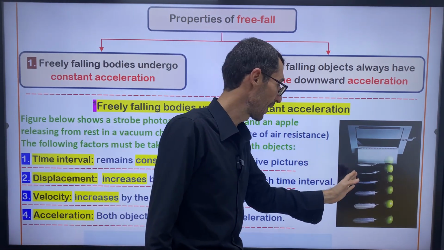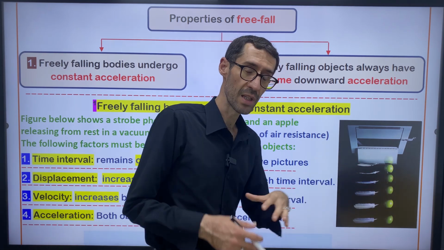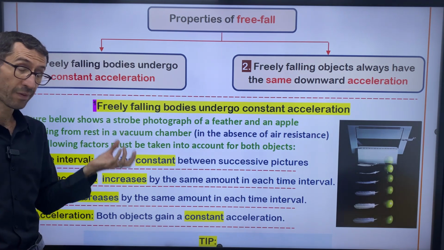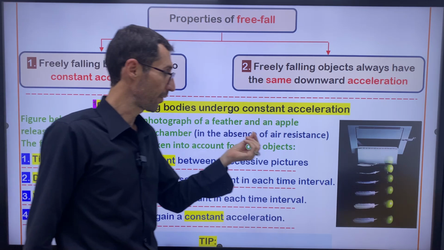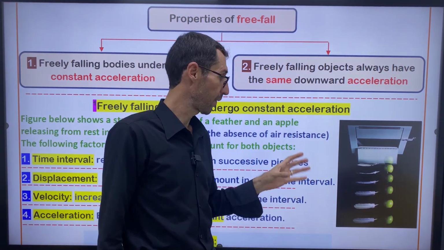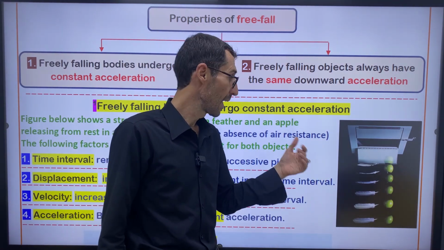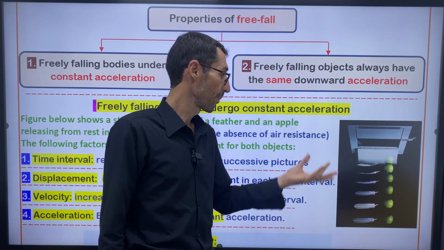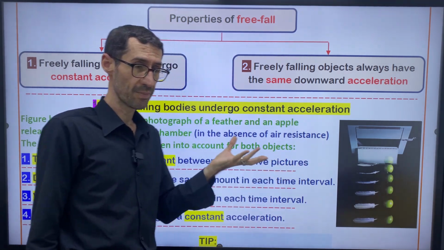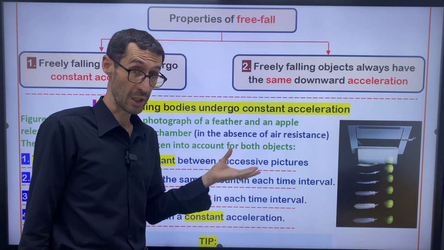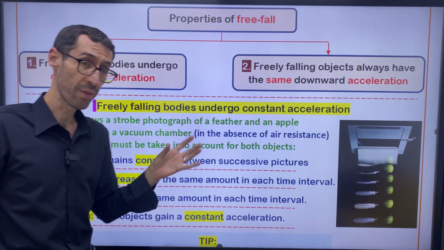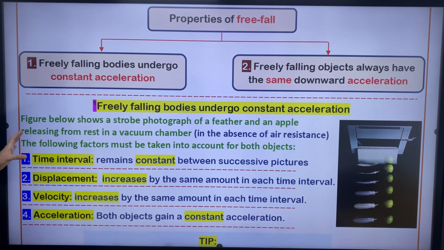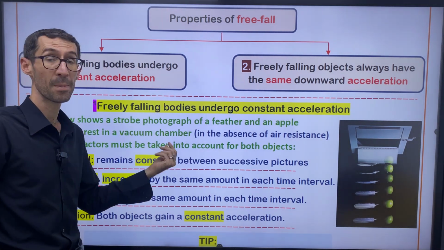There's a feather and apple, two objects with different masses. One is very light, like a feather, about, for example, 5 or 10 grams, and the other is more massive with respect to the feather. It's almost, for example, 100 grams. So both objects are different in mass, released from rest in a vacuum chamber.